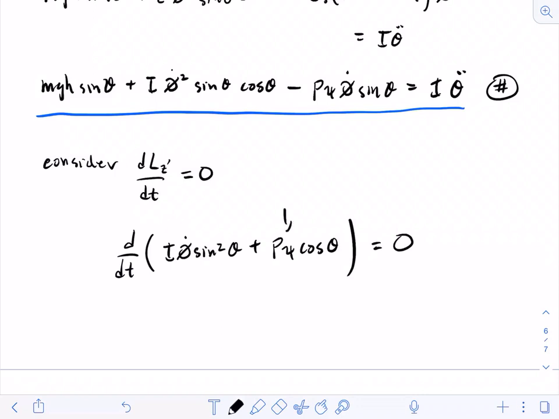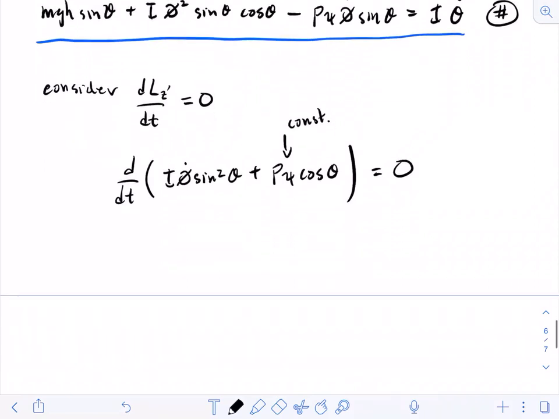Okay, so this is a constant, right? So we know that p psi is a constant. So when we do this derivative, I'm just going to write it as I times d by dt of phi dot sine squared theta.